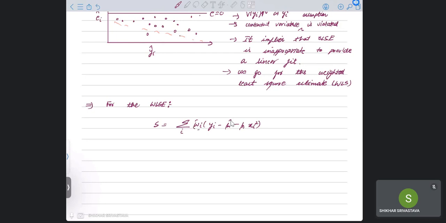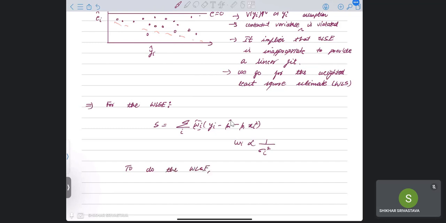And we know that wi is inversely proportional to the population variance. So to do the weighted least square fit, we need to find the weights wi, and wi can be found if we know the variance sigma i square, because we have this relation.